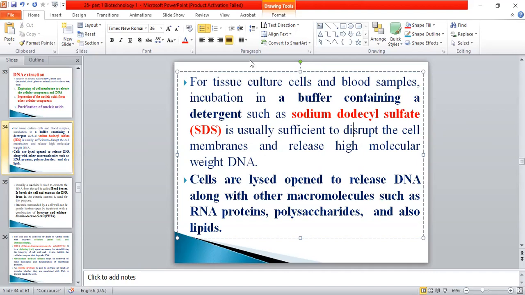Suppose we take an example. Dhanalakshmi, are you there? Yes, sir. Will you please tell me how the COVID virus is cultured? You know about tissue culture, isn't it? Yes, sir.